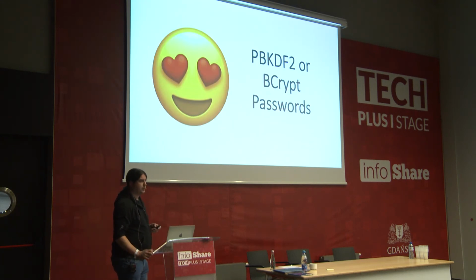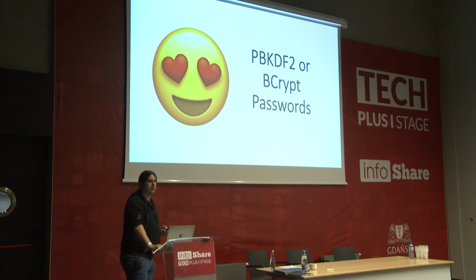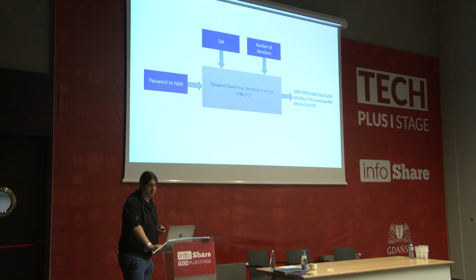So there's another step we can go, and that's to use what's called a password-based key derivation function, or something called bcrypt. Is anyone using either of those? Cool. This is very similar to a salted hash password. You have your password, you have your salt, but you also pass in a number of iterations. What this does is it repeatedly hashes that password and then gives you the resulting password hash.